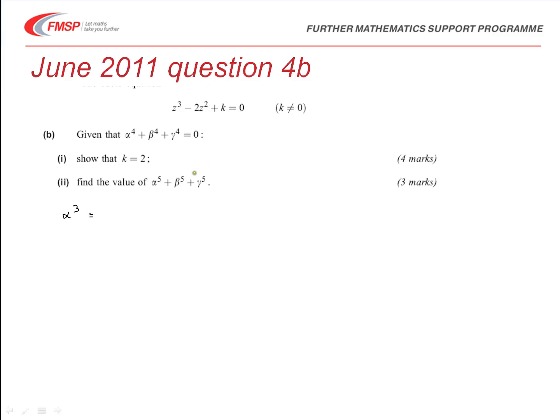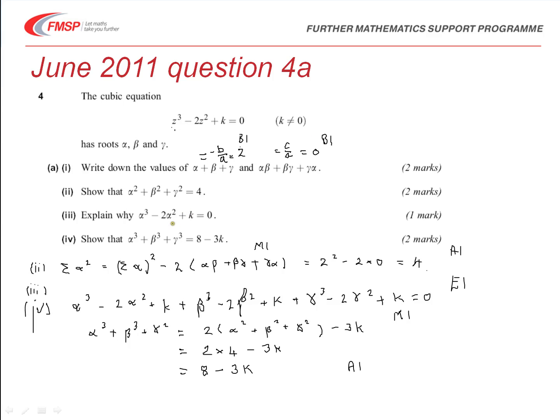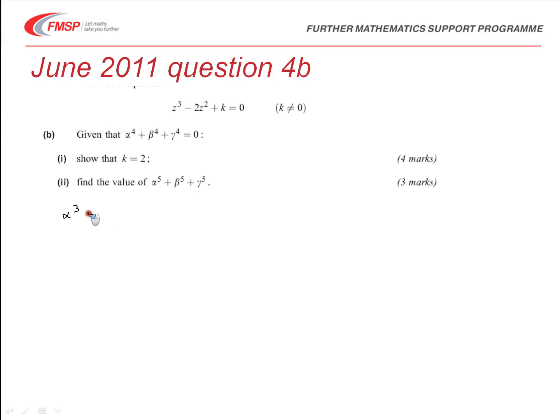Alpha cubed, let's just go back a page, alpha cubed minus 2 alpha squared plus k is equal to 0.